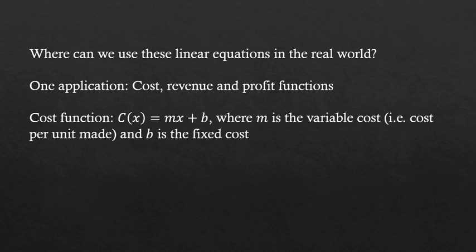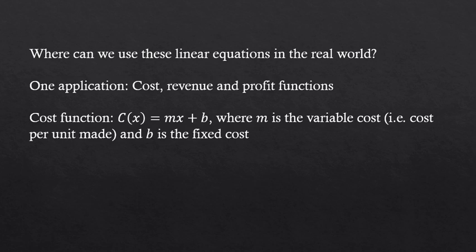The cost function, capital C of x, is equal to mx plus b, where m is the variable cost, also known as the cost per unit that you make. This is typically the cost of the materials to make each unit, labor perhaps to a certain point, things like that.